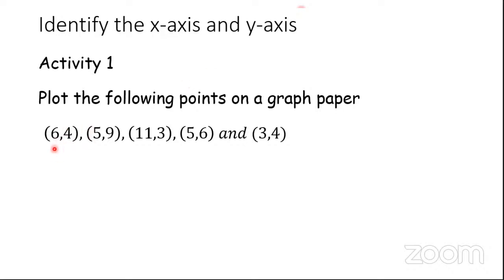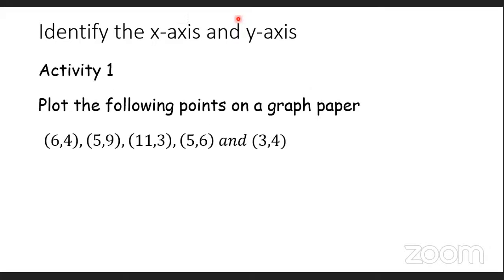So we have (6,4), (5,9), (11,3), (5,6), then (3,4). So if I may ask, how do we plot these points?